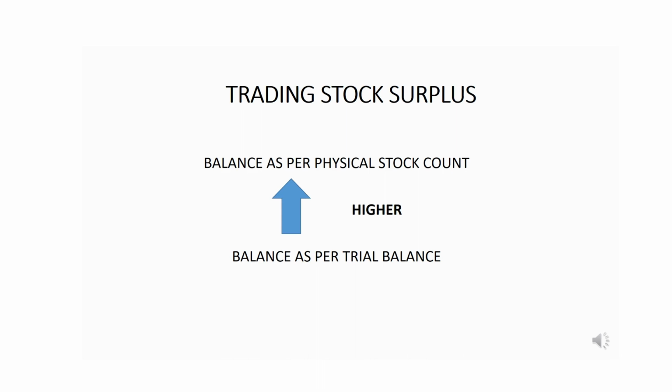The balance as per trial balance means the balance as per our calculations from the beginning of the year until the end of that financial year, without going to the warehouse to physically count the stock.